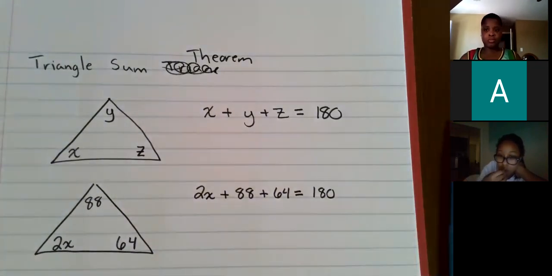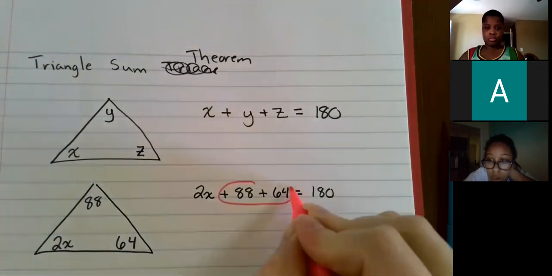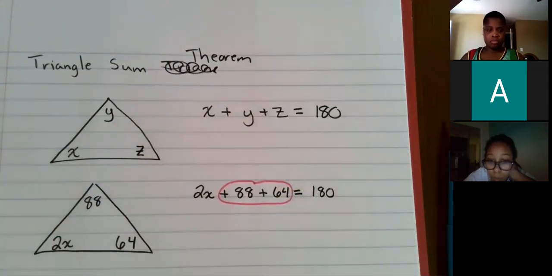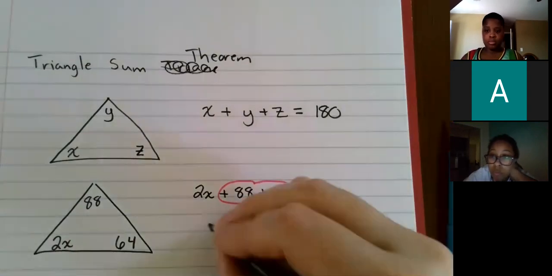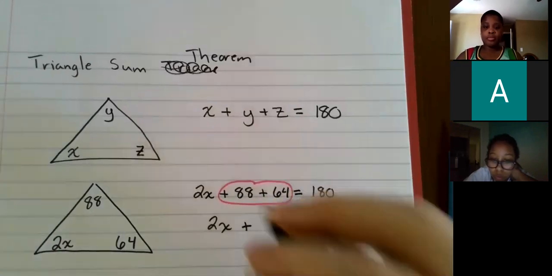Now, in a situation like this, obviously, there's something we could do first before we start solving it. We could go ahead and combine the 88 and the 64 together. So we could add those measurements together, 88 and 64. That's going to give us what? 152. 152, good.